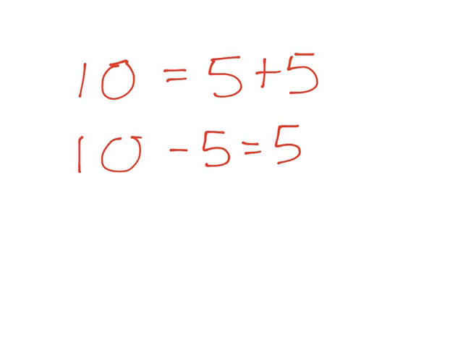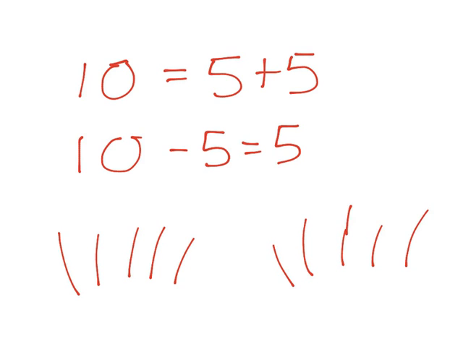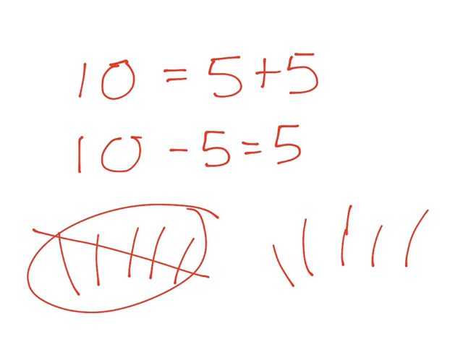So if they're using their fingers, you can have them put out all their 10 fingers and even let them borrow your fingers if they need to, and then have them move a whole 5 out of the picture, and they're ending up with another hand of 5.